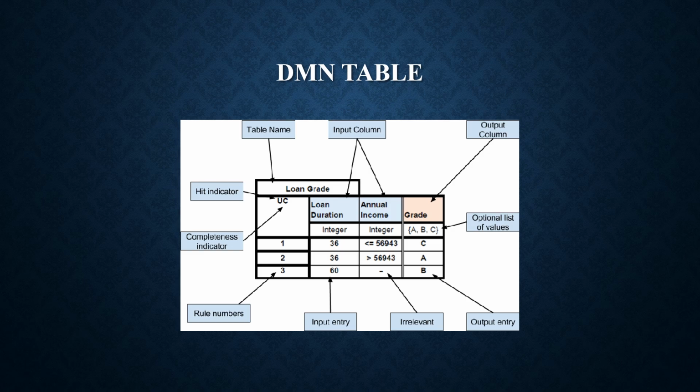Priority indicators say which rules to choose first. Attributes are shown as different columns. The blue columns here, annual income and loan size, are relevant for the grade output. Here is a single output attribute that is called grade, with a range of grades it can take.